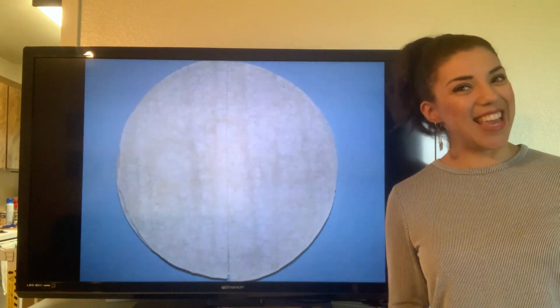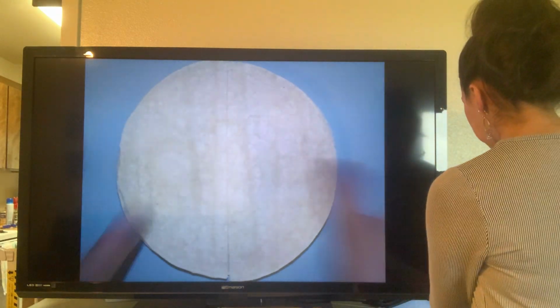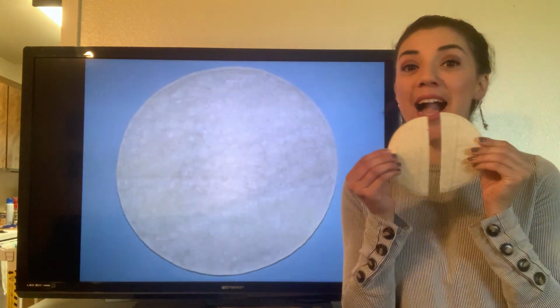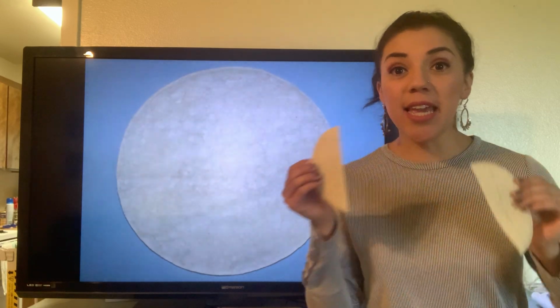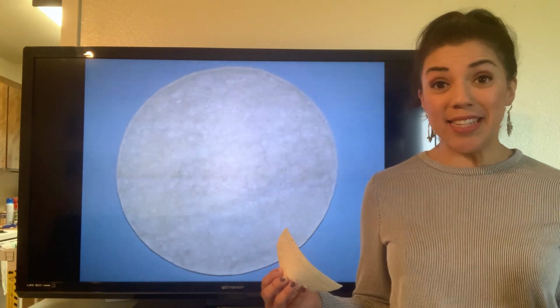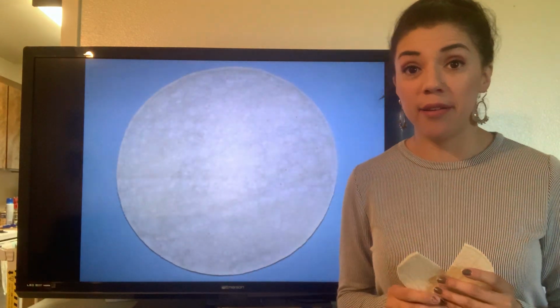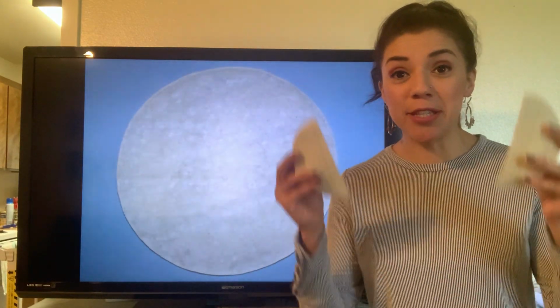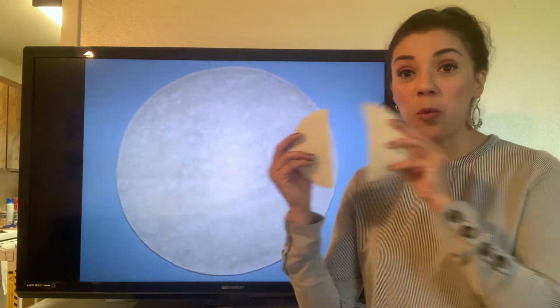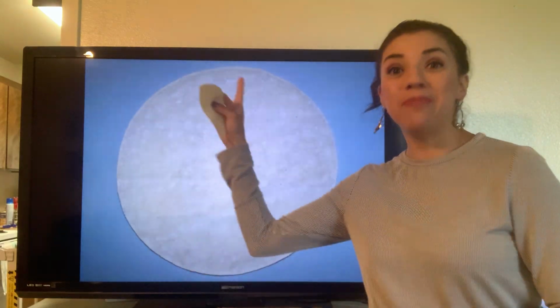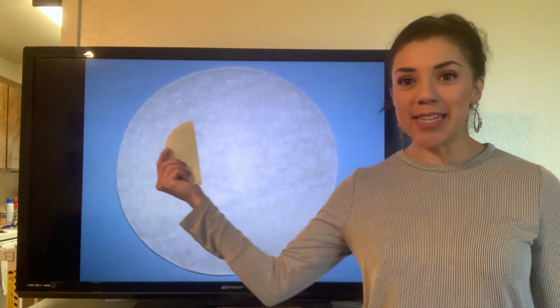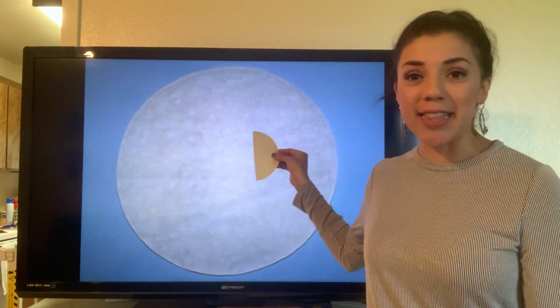Why, yes, I do. So 2 halves is equal or equivalent to 1 whole tortilla. Okay, you following me? 2 halves, 1 whole. Yeah, 1/2 is not equal to 1 whole. It is not the same thing.